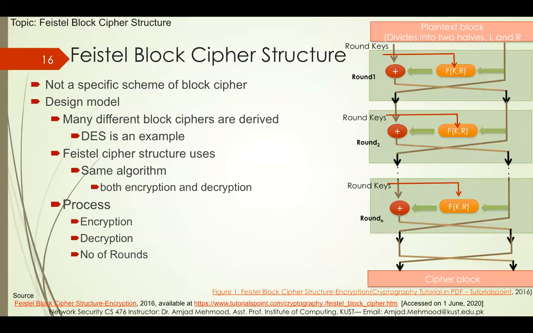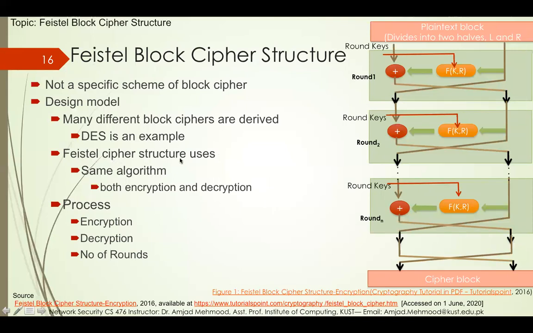Now, the Feistel block structure is not a specified scheme of a block structure. Actually, this is a model or a design. Using that, you can create many different kinds of block structures as per your desire. DES is an example of a Feistel block structure.